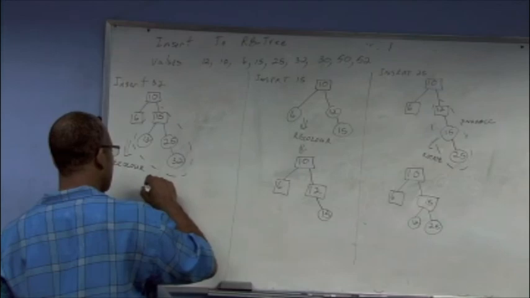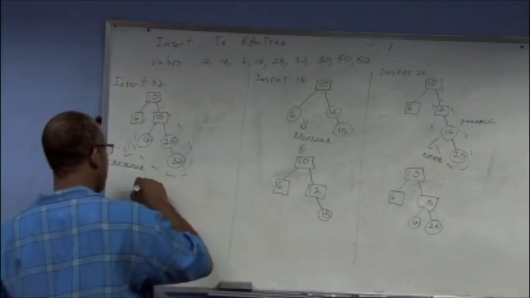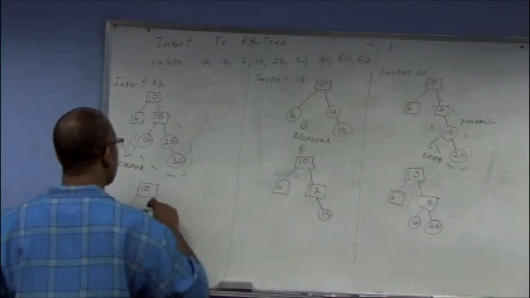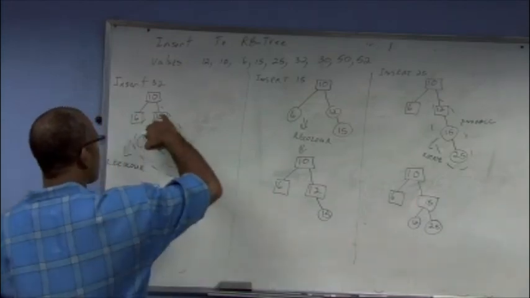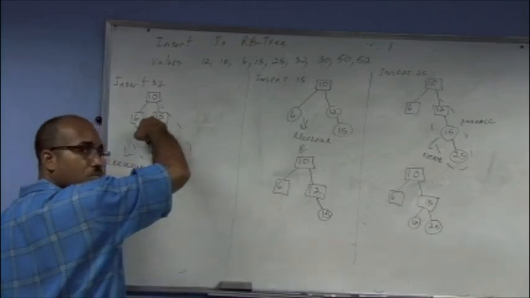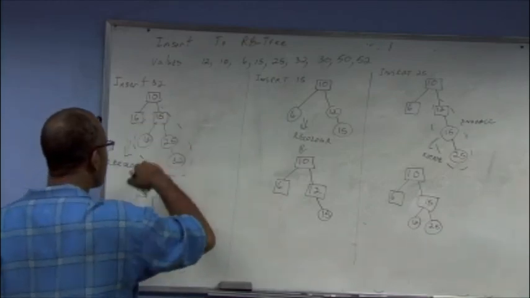In this group of nodes, the root will become red and these two become black.